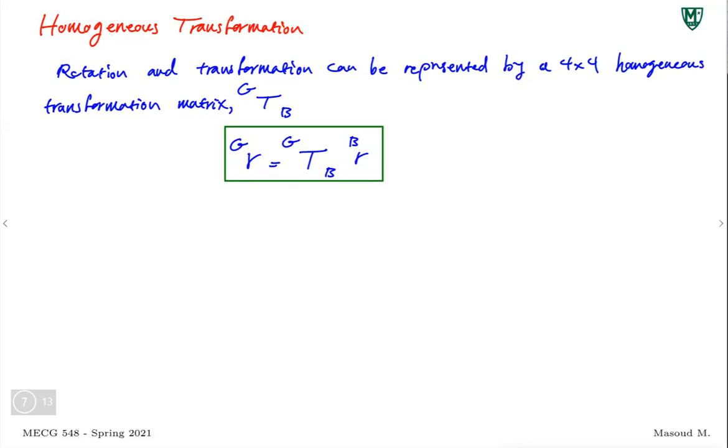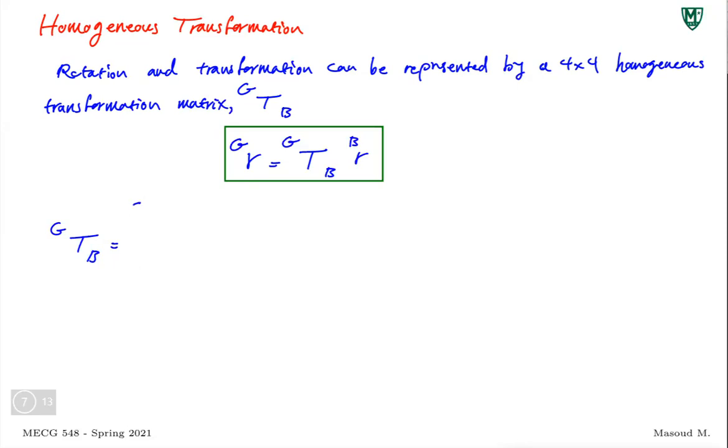Now, this transformation matrix has the components of the transformation from B to G, or from whatever coordinate system you are going from to whatever coordinate system you're going to. B to G, transformation of the components or coordinates from frame B to frame G. This is a matrix in this form.